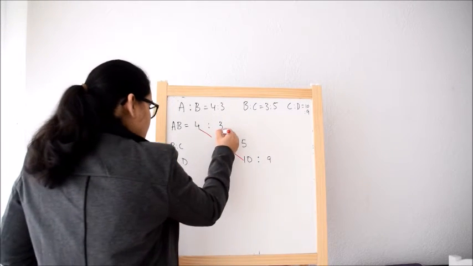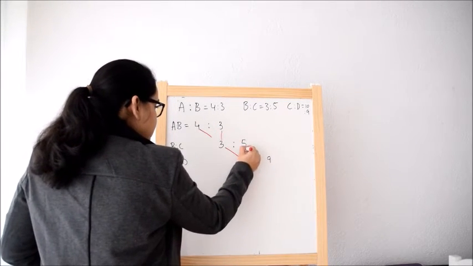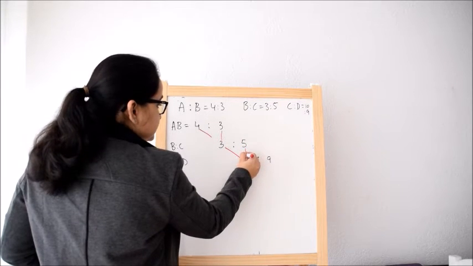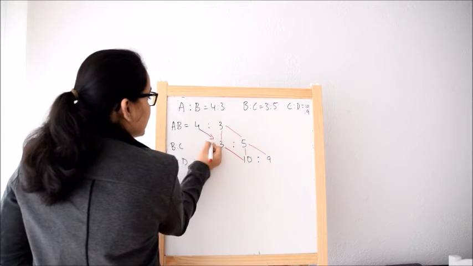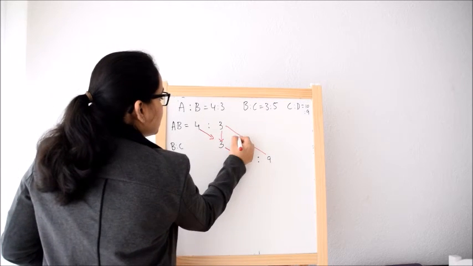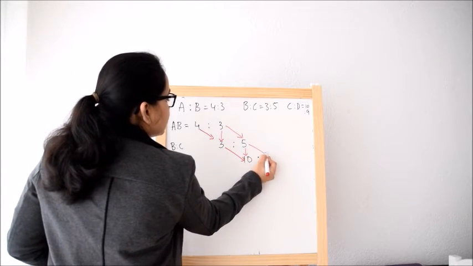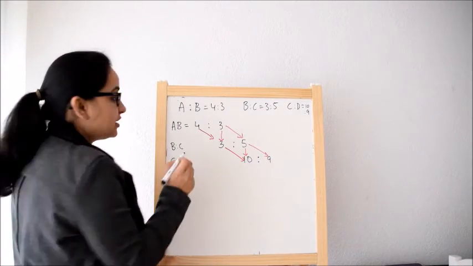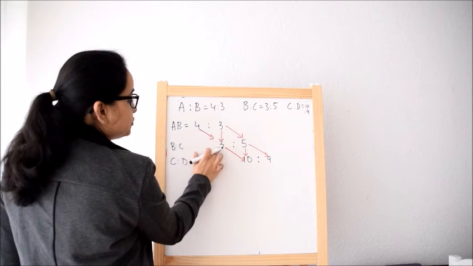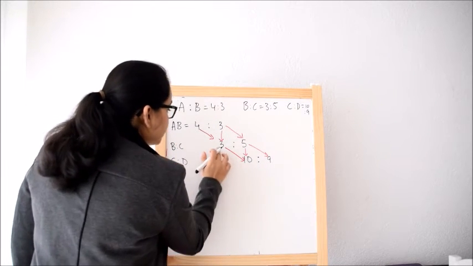Now I will make the lines, okay? This is one, then this is another, then this is another, and this is another. 1, 2, 3, 4. Okay. So in the first term we will get this into this into this. Okay. So it is 120.